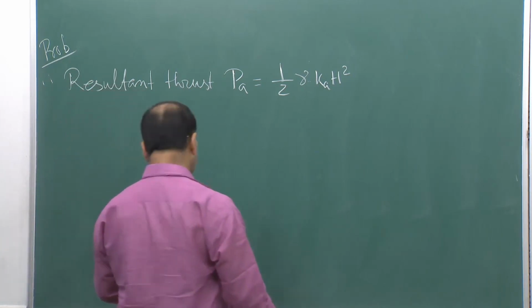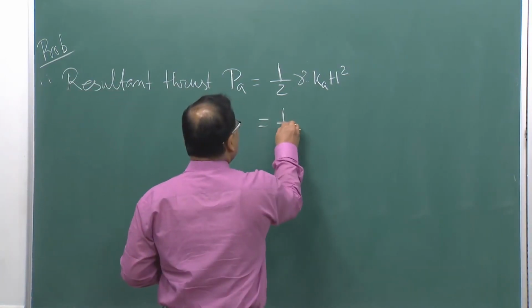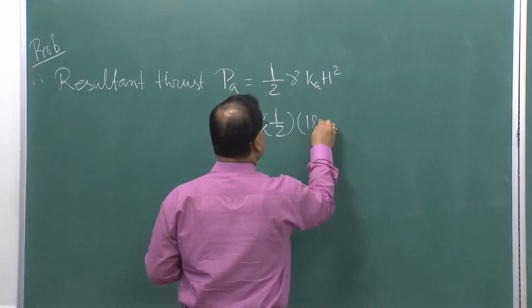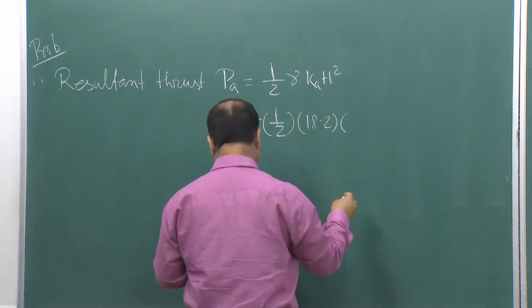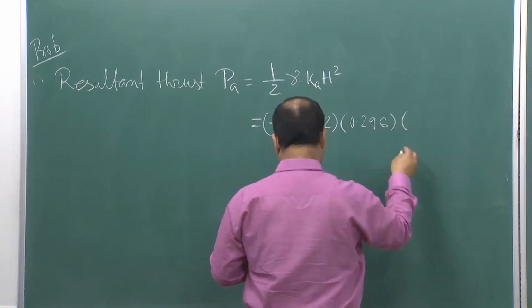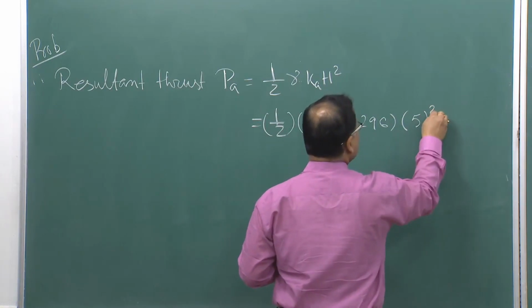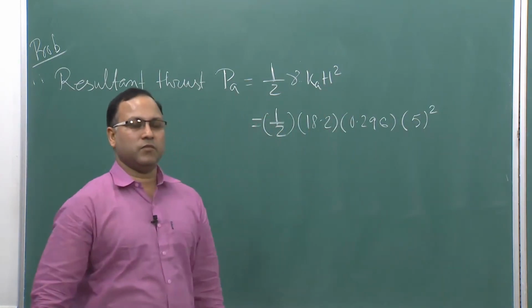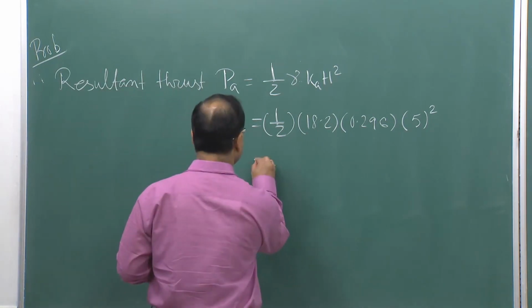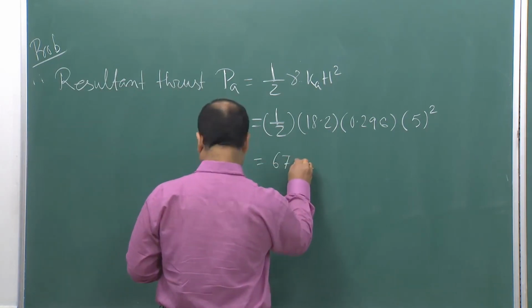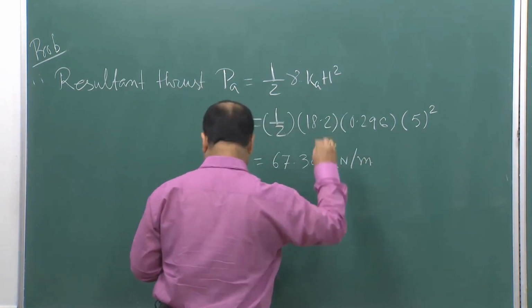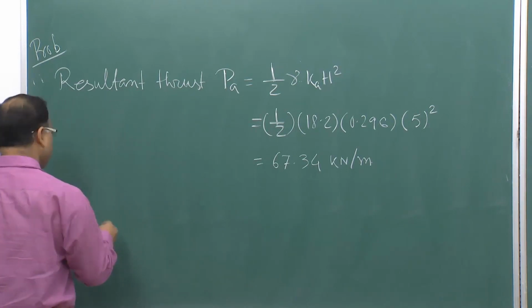So, if you put the values: half, gamma is 18.2, Ka is 0.296 and H, the total height of the retaining wall, is 5 meter. This gives me 67.34 kilonewton per meter, and this thrust is inclined.